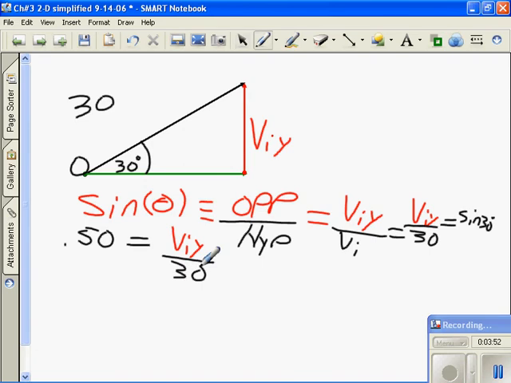Let's multiply both sides by 30. And I'll have vi sub y is equal to 15. That means when I'm kicking it at 30 meters a second at a 30-degree angle from the horizontal, what I'm really doing is I'm kicking it upward at 15, plus a certain amount sideways. So this guy over here is 15.